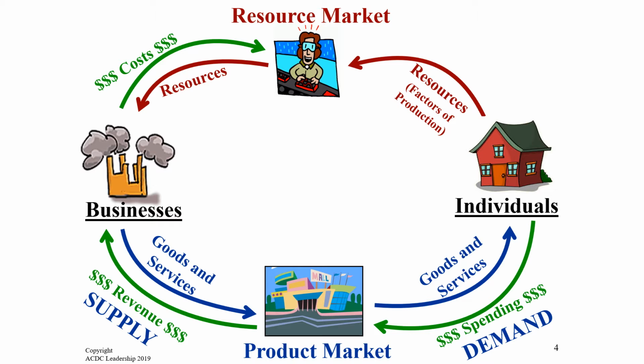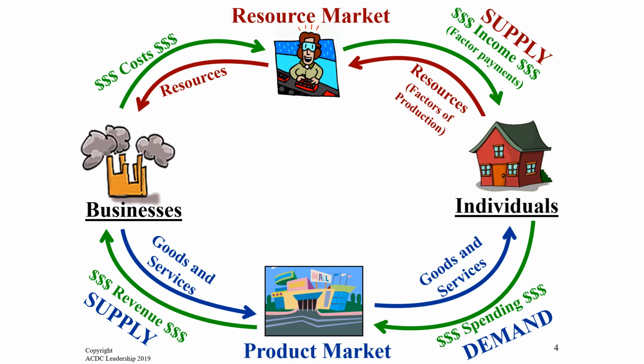The costs of businesses are the resources. Remember factor costs. And the factor payments are the income that goes to individuals. And in this case, because it's the resource market, you see how it's going here. Individuals hold the supply, whereas businesses create the demand.